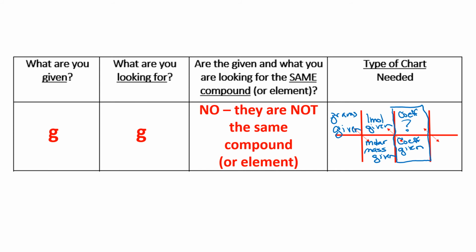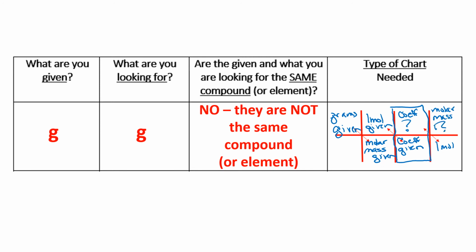Now we need to convert our moles of our unknown to grams of our unknown. So we know that 1 mole is equal to the molar mass of the unknown.